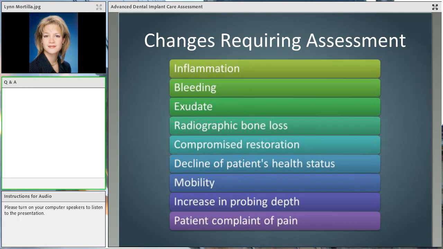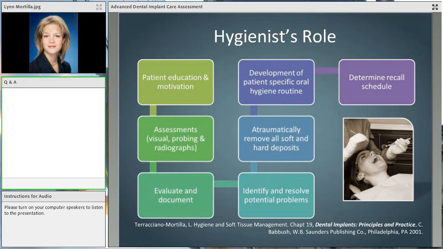Maybe the rest of the mouth is starting to have deterioration for some reason, or the patient's health status or medical history has been compromised, or you're noticing some mobility or probing depth increase, or patient is complaining of a problem or pain. These are all factors that you find during your assessment that require you to really focus, get the clinician, the doctor involved to get to the root cause of the problem before any of these start to cause significant amounts of bone loss.